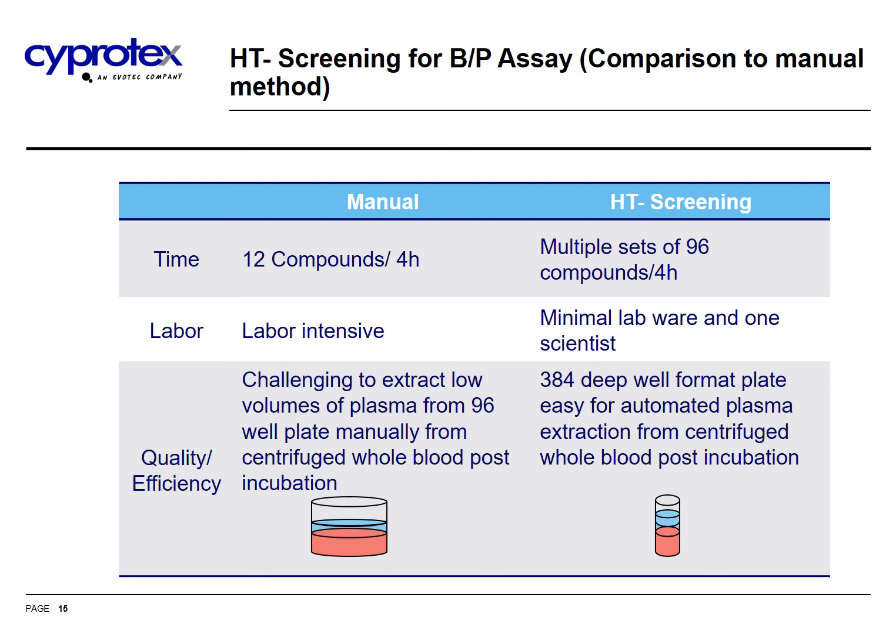The take-home message here would be high throughput screening in 384 well format to determine blood to plasma ratio is done at a quicker pace with more number of samples obtaining high quality data.